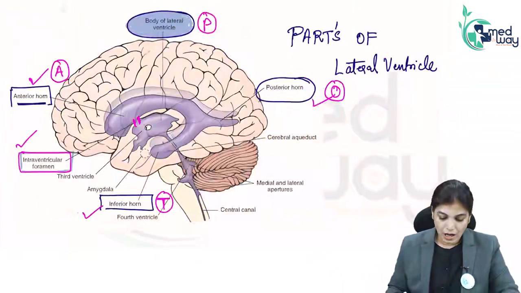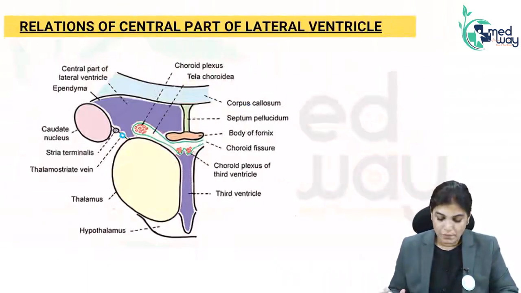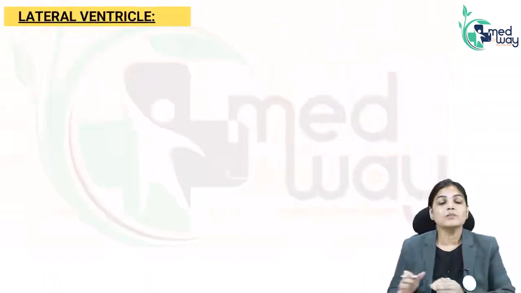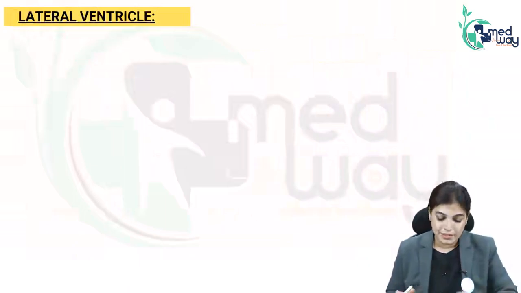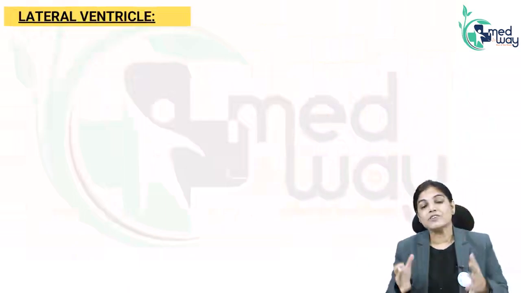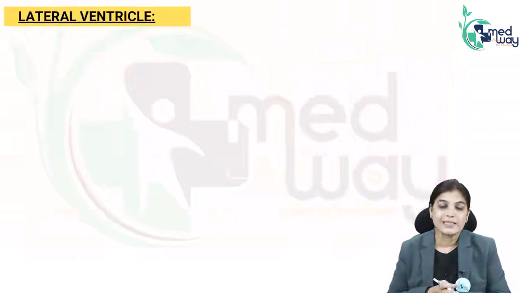So now for understanding the relations, it is important that we should know about the relation of individual part of the lateral ventricle. So exactly the relations of lateral ventricle can be appreciated by the coronal sections of the brain.